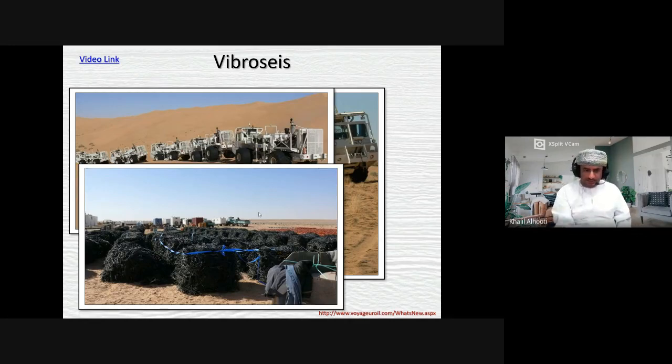Since this is a temporary camp, they are all caravans. You see, they are all caravans. They are not permanent buildings you'll find usually in base camps or big camps. And Safa field for Oxy, there is a huge camp. And in many oil fields, that's the case.